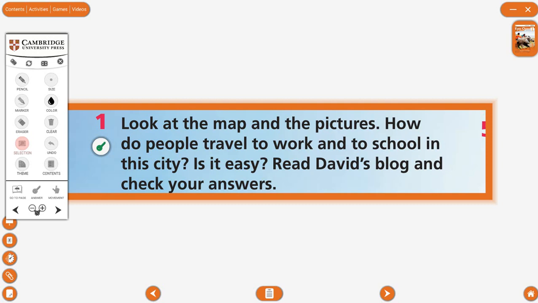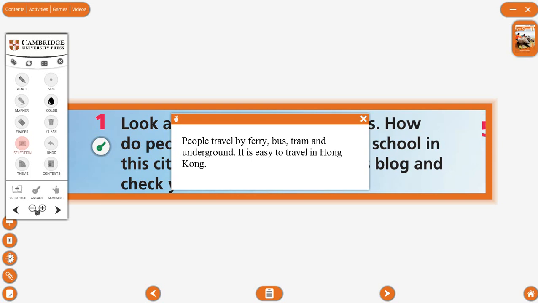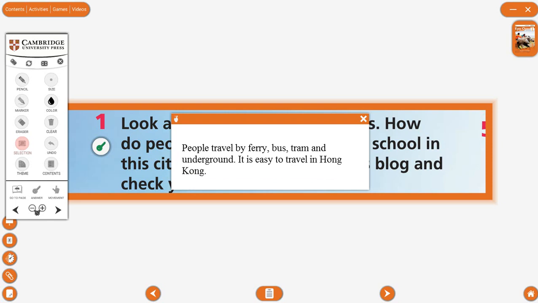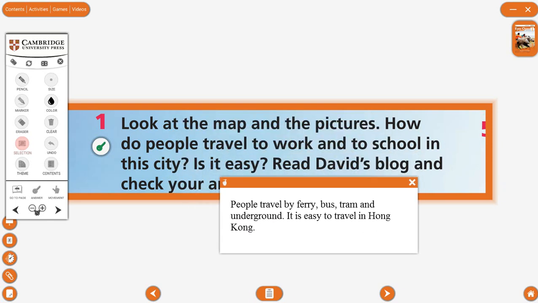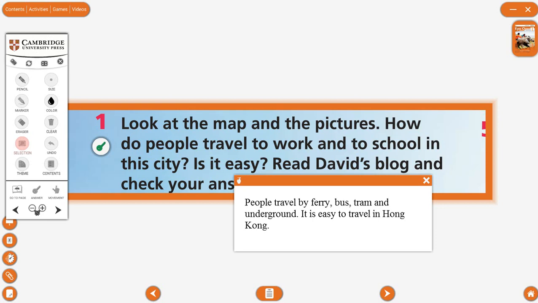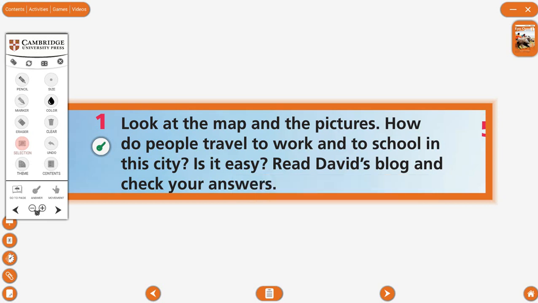Yes, it is easy to travel in Hong Kong. Now check your answer, please. People travel by ferry, bus, tram, and underground. It is easy to travel in Hong Kong. Write the answer next to the question, please. Okay, I'll pass this exercise.